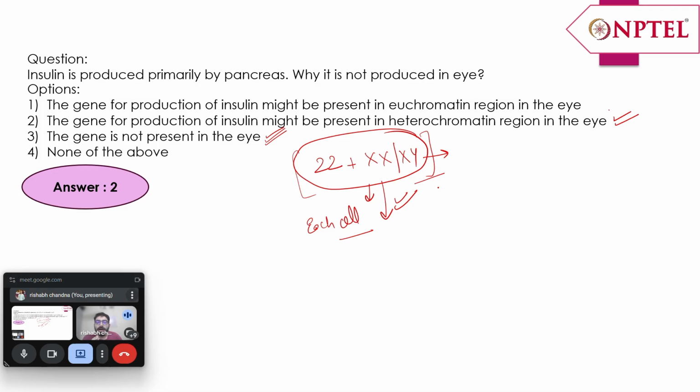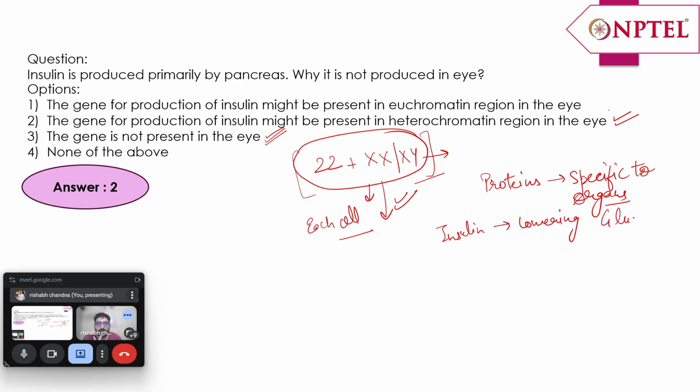Okay, so what happens actually? There are some proteins that are specific to the organs. For example, here we'll take the example of insulin itself. Insulin is responsible for lowering the blood glucose, and it is produced in the pancreas.